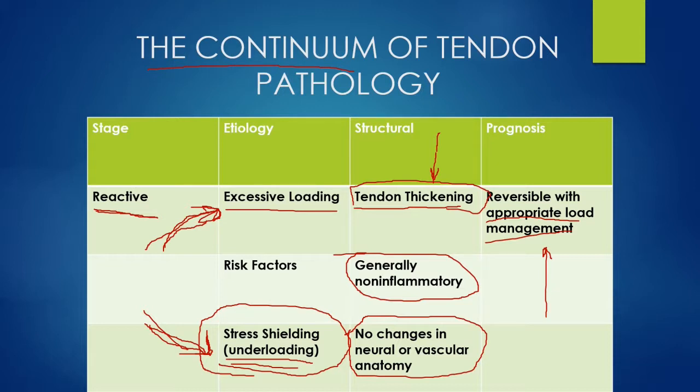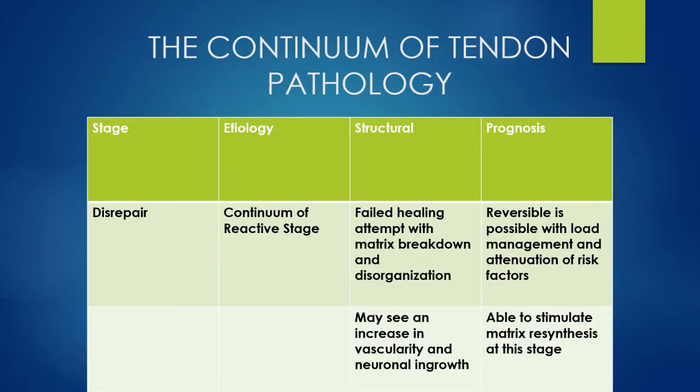But proper load management and the administration of proper loads can cause a reversal of this reactive stage, and that's the whole trick with performing therapy on these types of examinees: finding the appropriate load versus administering inappropriate loads.